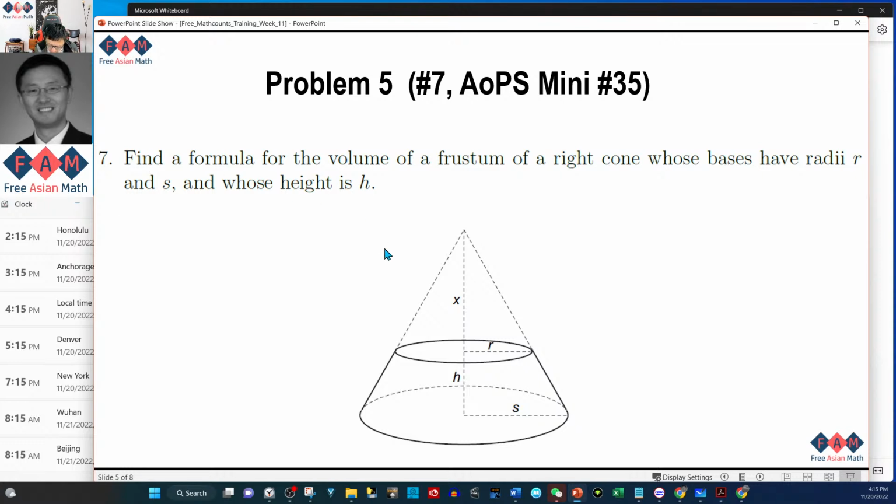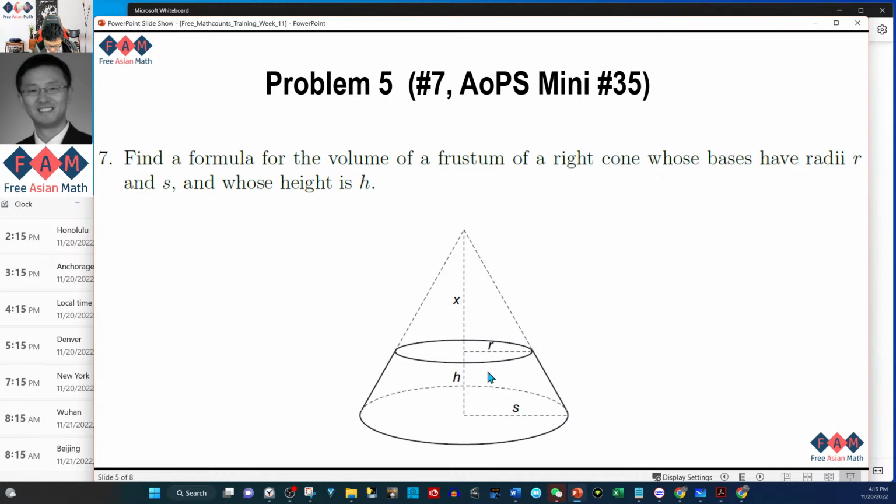How do we know the remaining frustum? Well, the frustum volume is the difference between the big cone, the original cone, and the smaller cone, which is the one that is missing, right? And we do know the formula. So here we know the radius of the top circle, which is the intersection circle between that cutting parallel plane and the cone.